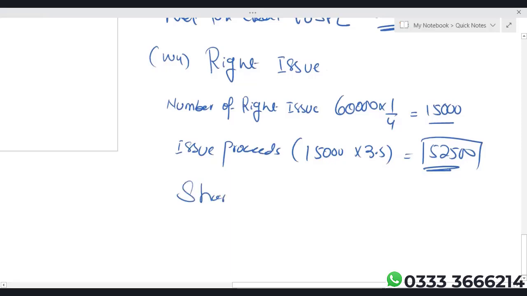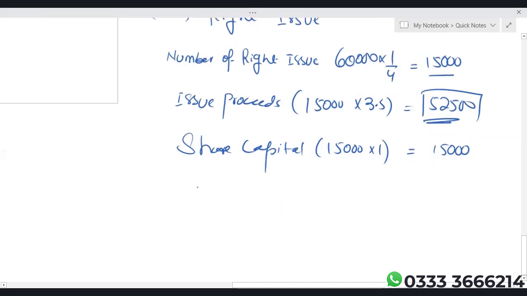So share capital with the par value is 15,000 into 1. So 52,500 minus 15,000 will give you the share premium, or you can directly calculate the share premium: 15,000 into 2.5.